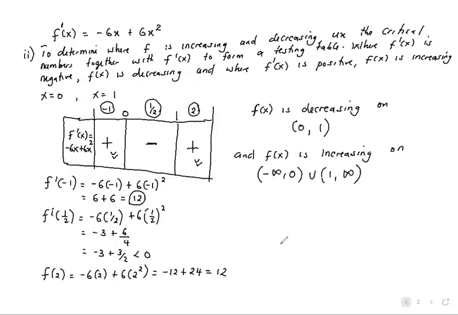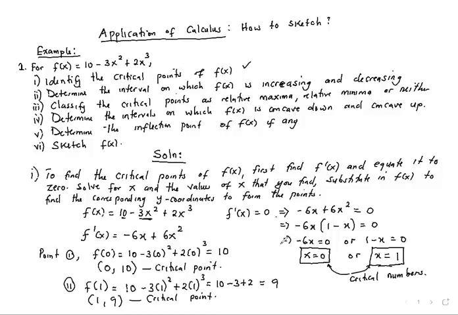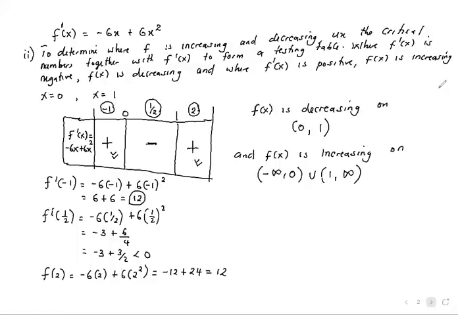What have we done? We've answered 2, we've answered 3. We're now going to 4. Determine the intervals on which f of x is concave down and concave up. So what do we do?